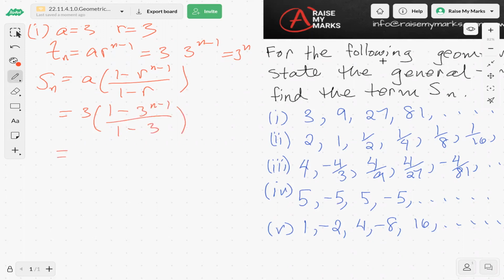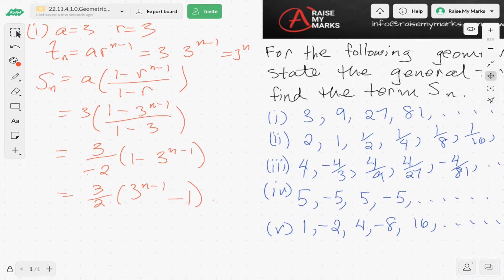Okay, this is 3 over negative 2 times 1 minus 3 to the n. Okay, let's multiply this negative into our bracket, and we get 3 over 2 times 3 to the n minus 1. That's our Sn, the sum of our first n terms. Good.